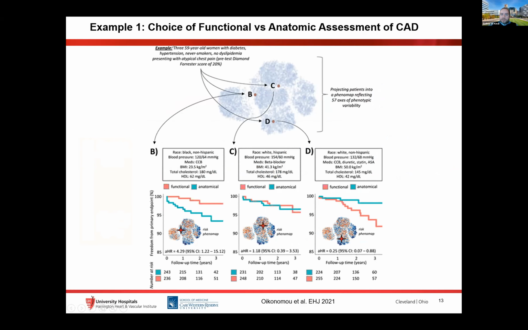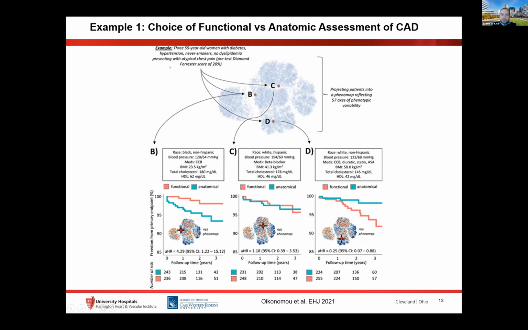But it turns out that this specific person can be present in 3 groups, B, C, D here. And although they have a very similar phenotype, they differ a little bit with respect to other risk factors. For example, this patient is on a calcium channel blocker versus this patient is on a beta blocker, and this patient is on a whole bunch of other medications.